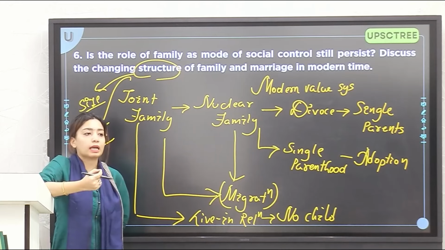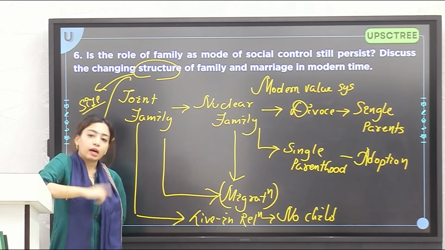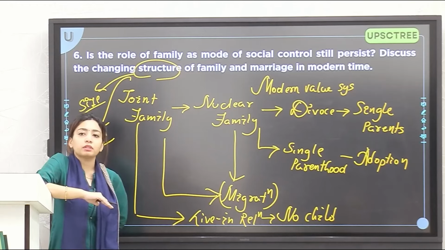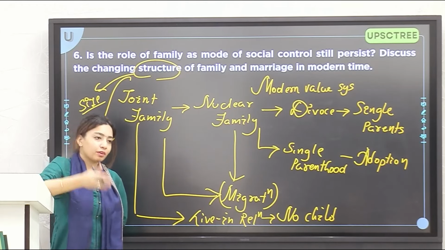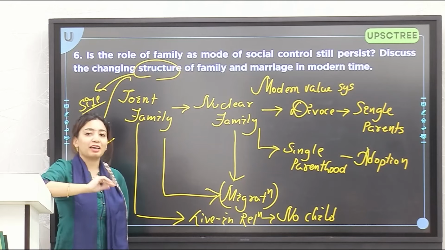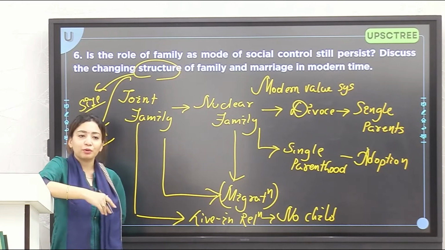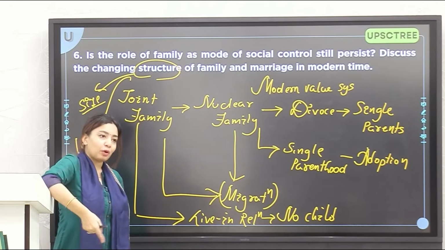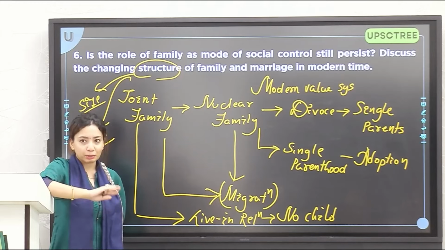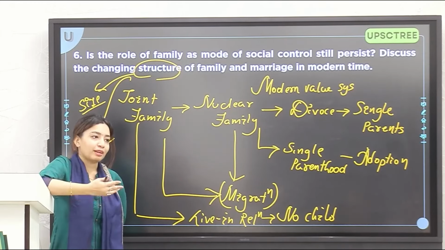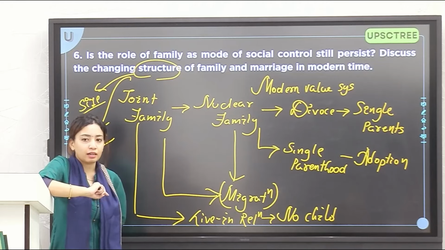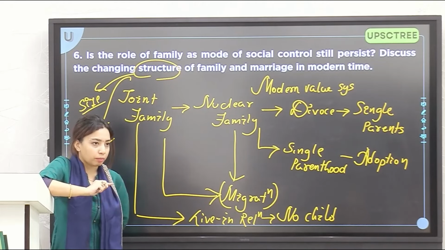If a daughter is getting married in the village, entire village will contribute to the marriage. But what happens in urban setup? It is very much nuclear. Even the entire building. If a wedding happens in a flat, do you think they are going to call upon all the flatmates? No. Is it possible in the time of inflation? No. Let alone the entire city, right? So that also you can talk about.